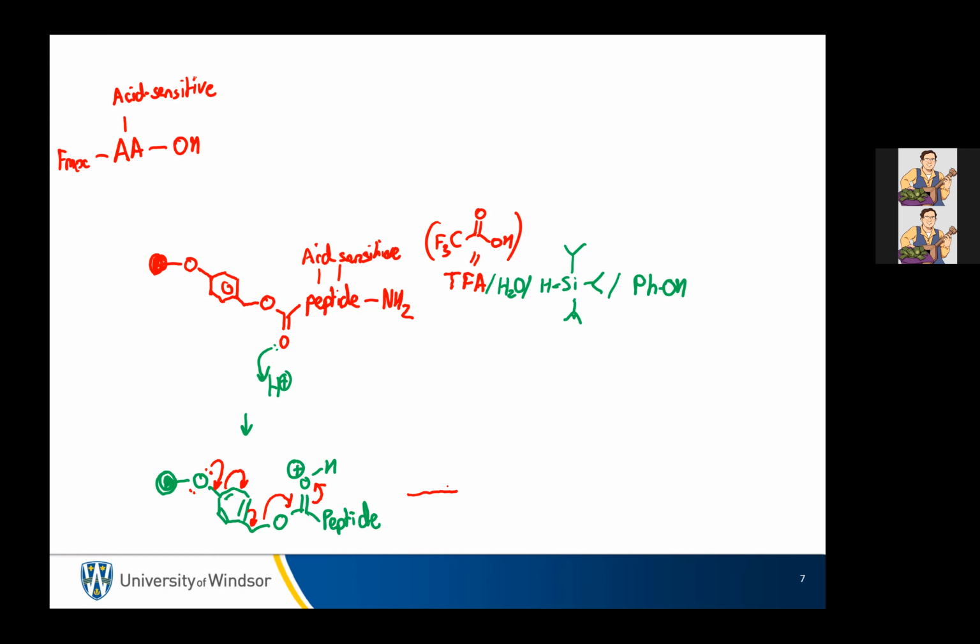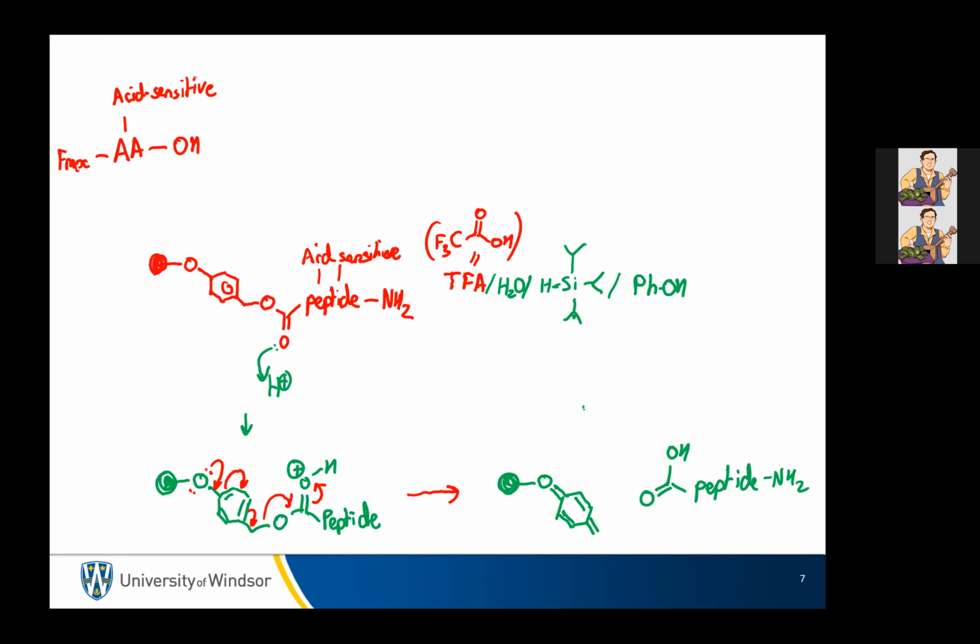So if we follow all those arrows through, we generate that.